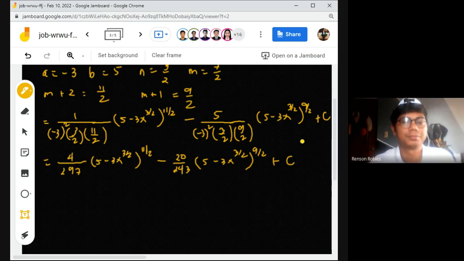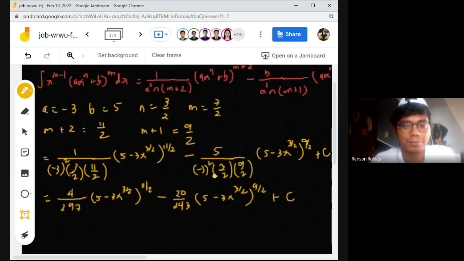Kindly verify this if somebody solved this problem by applying the long process or the usual method of integration. Another modification of this formula is when this ax raised to n plus b raised to m is on the denominator.